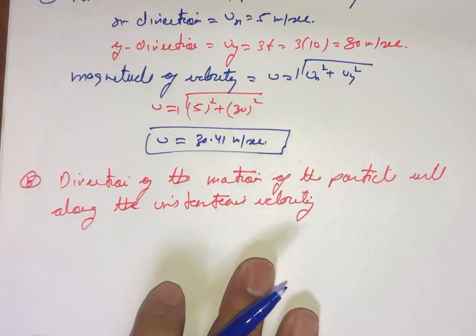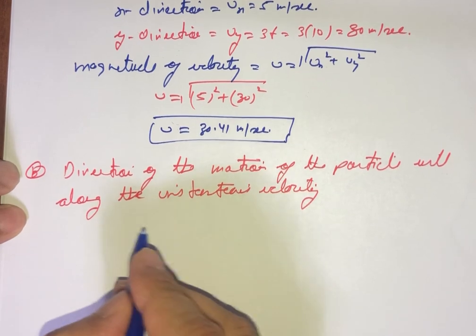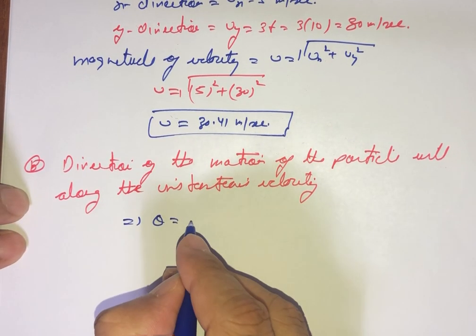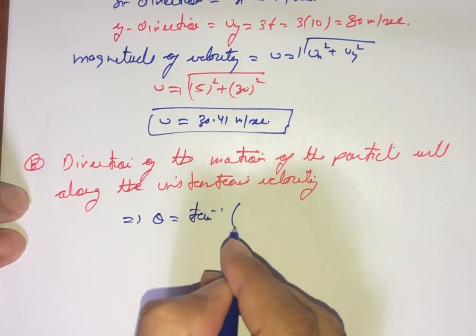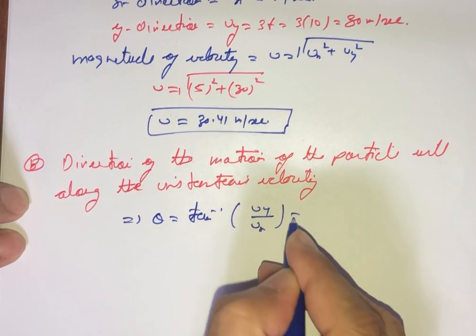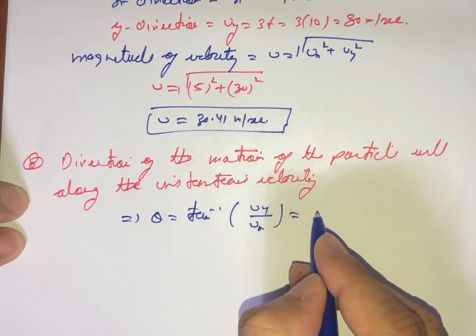Which means we can directly find out, suppose it is given as theta, so theta will be equal to tangent inverse of y component divided by x component, and we already know the values.